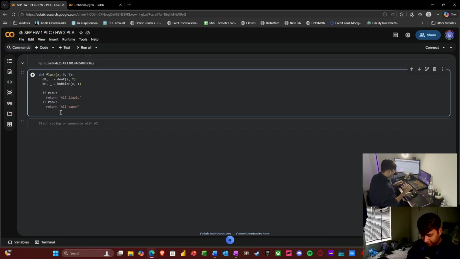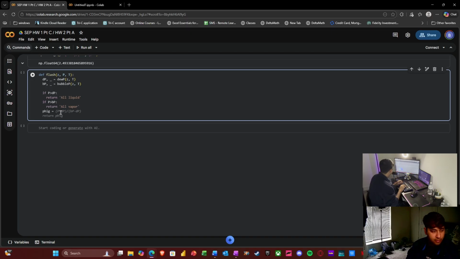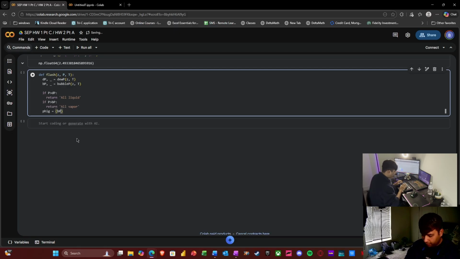Now we will go ahead and define our vapor fraction guess, which Gemini got a little wrong. It's our bubble pressure minus our pressure, divided by bubble pressure minus our dew pressure.